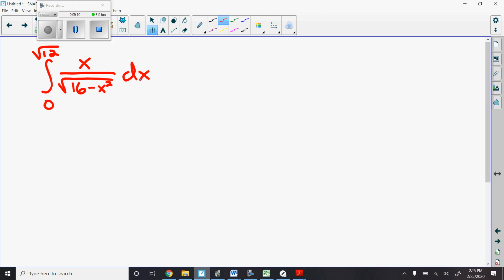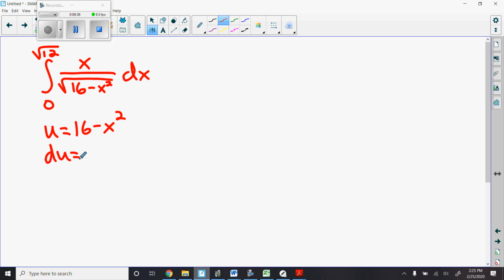Notice I did not include the square root because the derivative, when I keep the square root, becomes much more difficult, right? And it doesn't show up in that problem. So I'm just going to let u simply be 16 minus x squared. That square root will carry over to my rewritten integral.